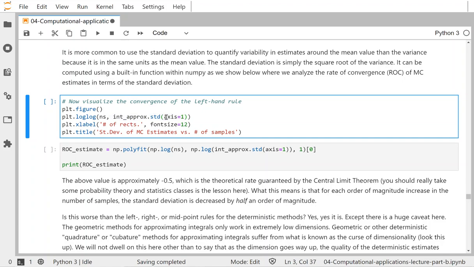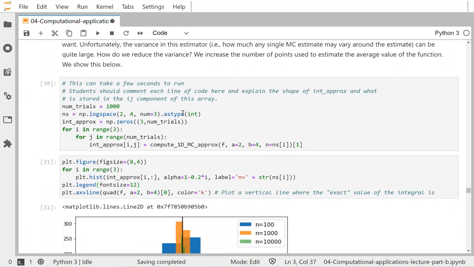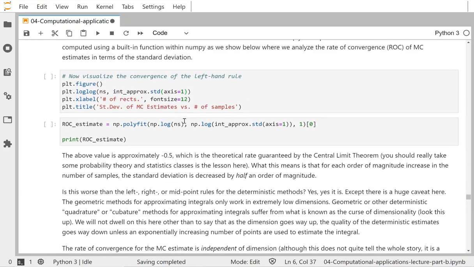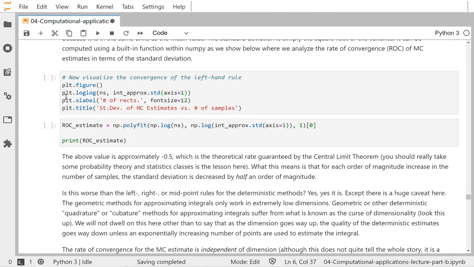And notice that axis equals 1, because of the shape here where each row has a fixed size of the number of points used and then I'm just repeating it a number of trials, the 1,000 times. So I want to compute the standard deviation across the rows, across the columns, not down the rows.